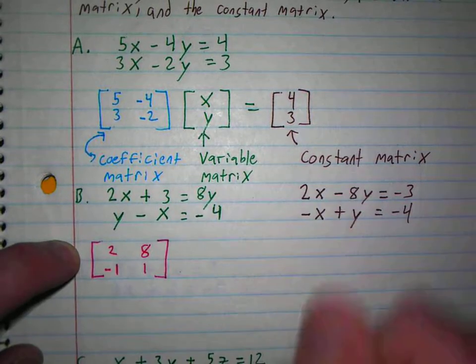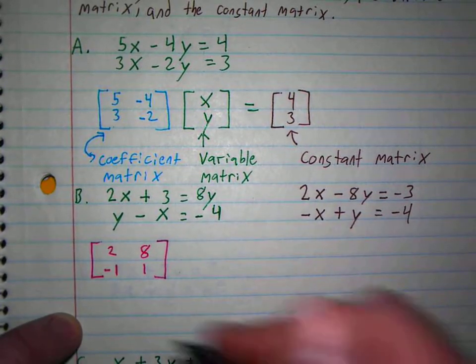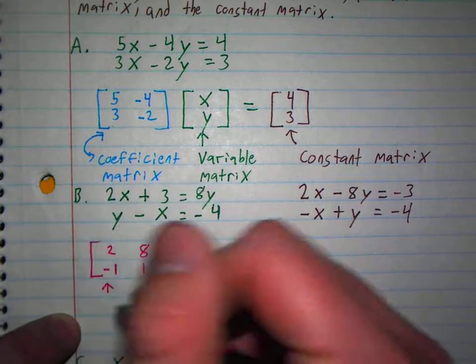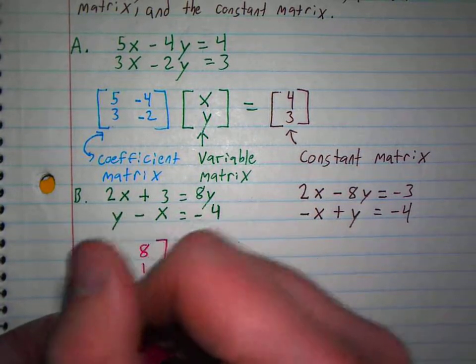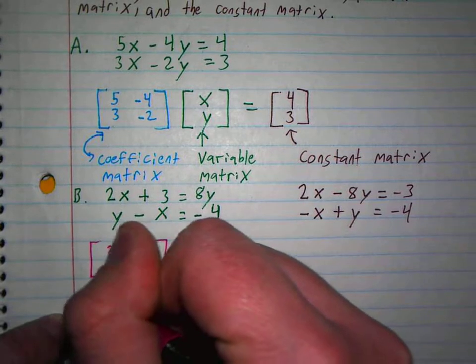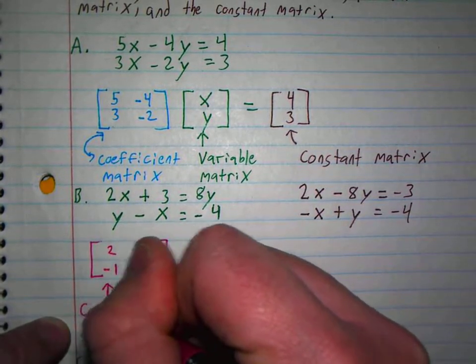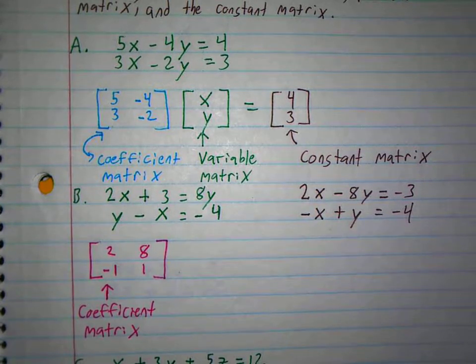And what do I call this matrix? The coefficient matrix. You have to put that, because it says identify. And then what would my variables be?